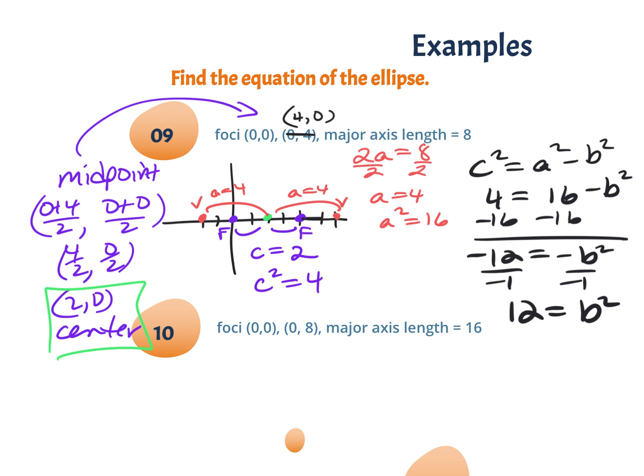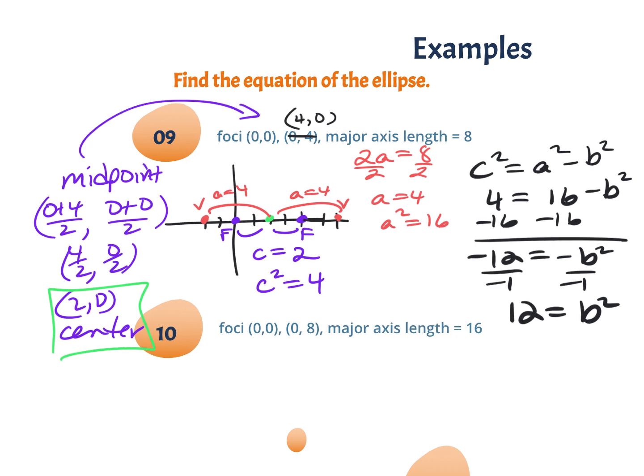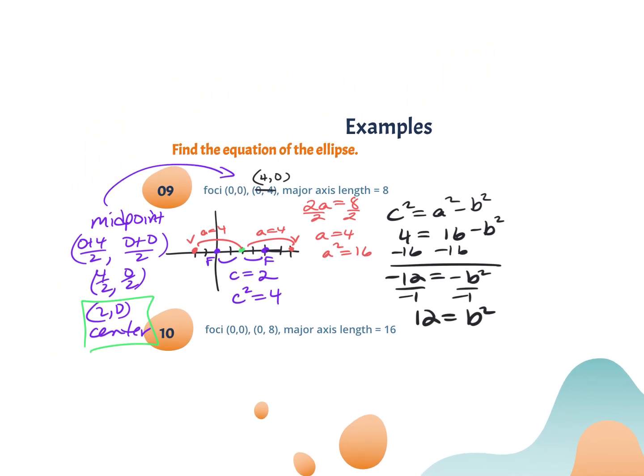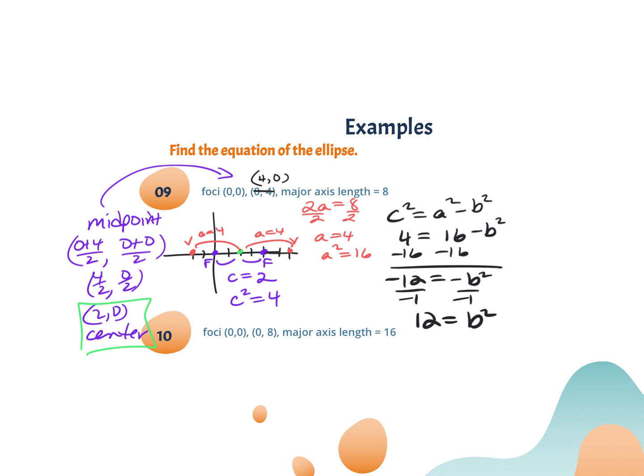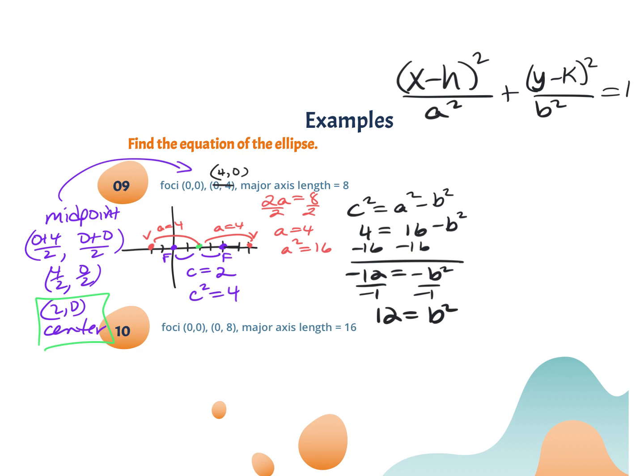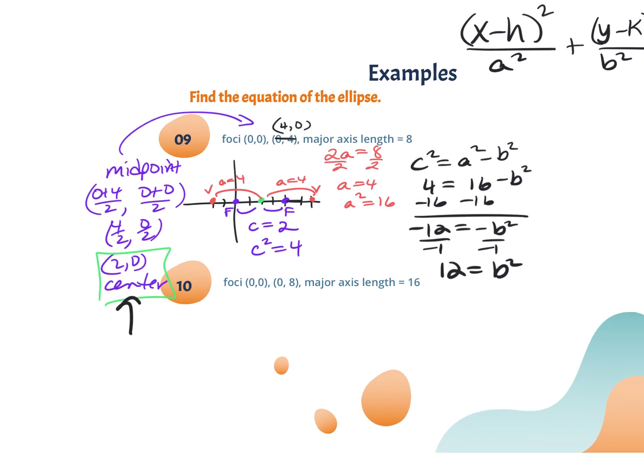Now, you see how your two focus points and your two vertices were next to each other, side to side. So we know it's going to be horizontal. And again, our center was not at 0, 0, so we had to do the longer formula. So x minus h squared over a squared, because it's horizontal, plus y minus k squared over b squared equals 1. Now I need to fill in my center, which was the ordered pair 2, 0.